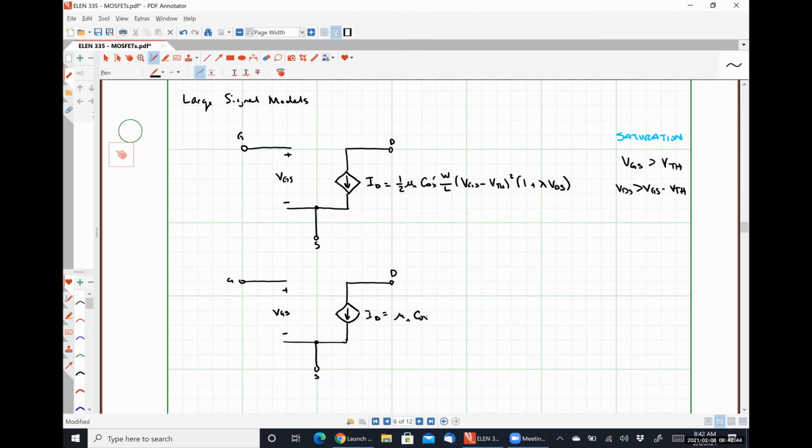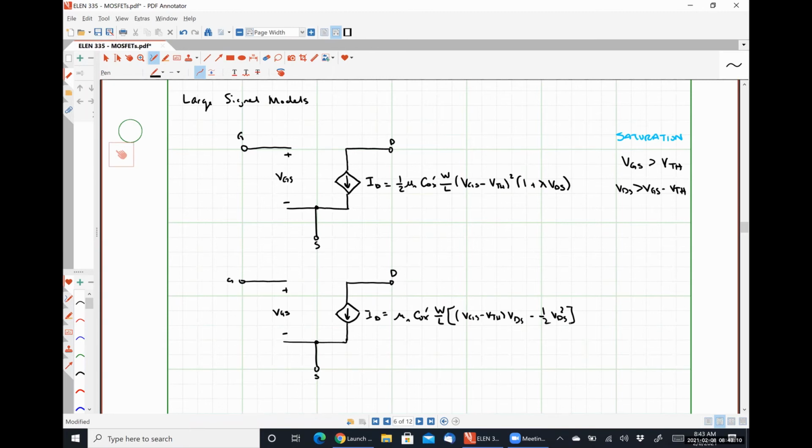Mu n Cox W over L, VGS minus VTH times VDS minus 1/2 VDS squared.